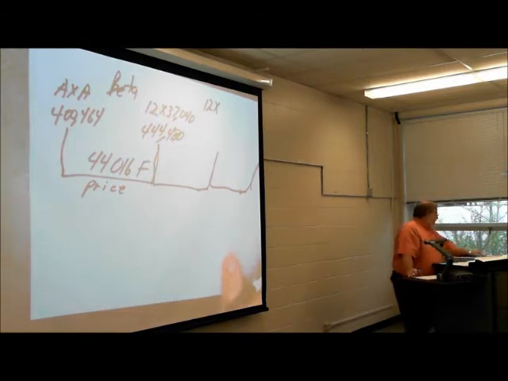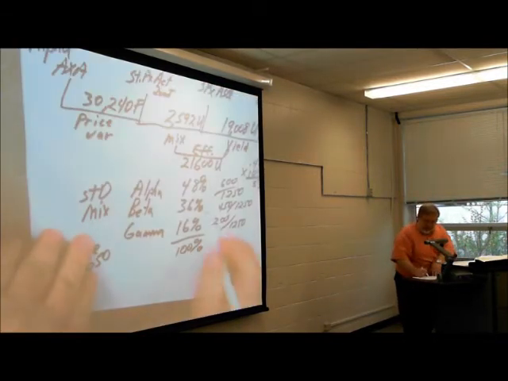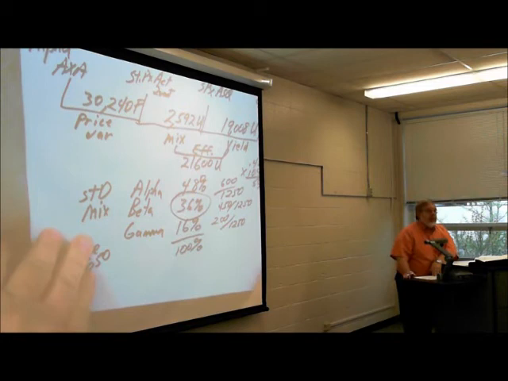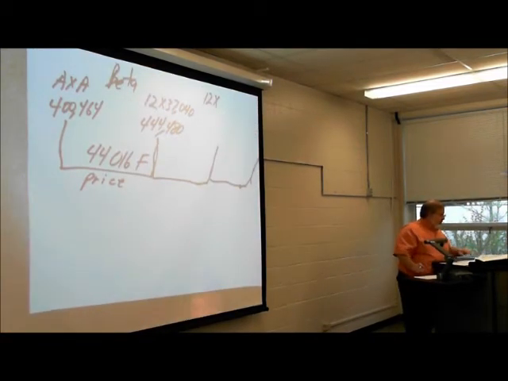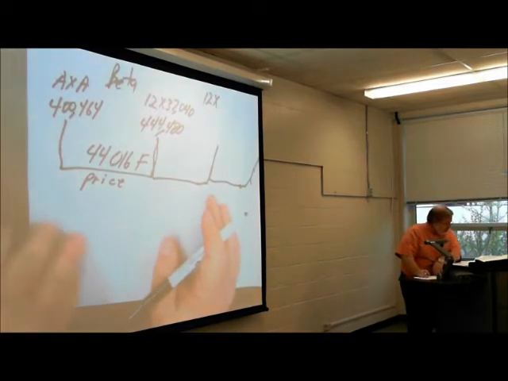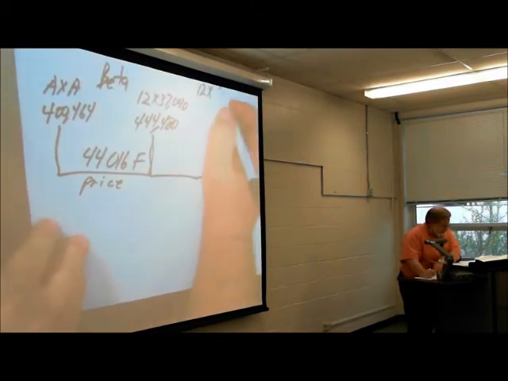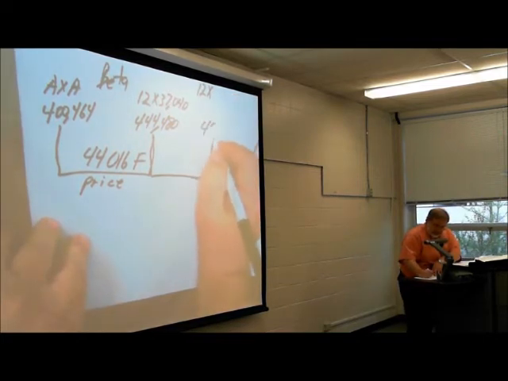And again, where are you getting 36%? Back here. 36% on beta. Times 104,400. What do we get? 451,008.